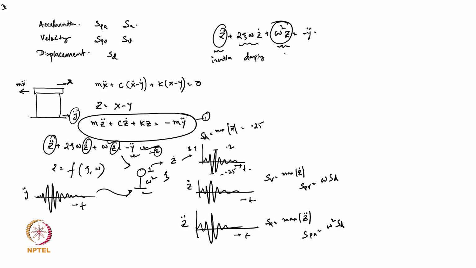The third term is the restoring force or elastic force, and Y double dot is the ground motion. So you can see that the maximum restoring force is actually this much, SPA, omega square into SD.